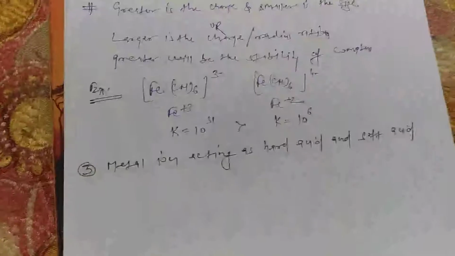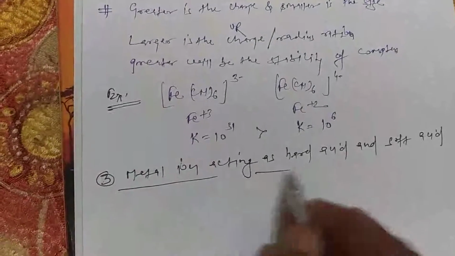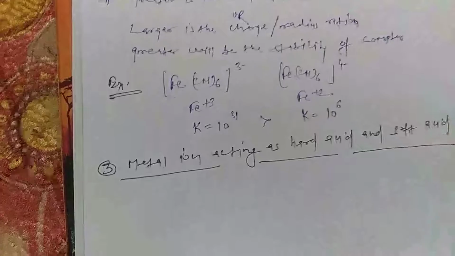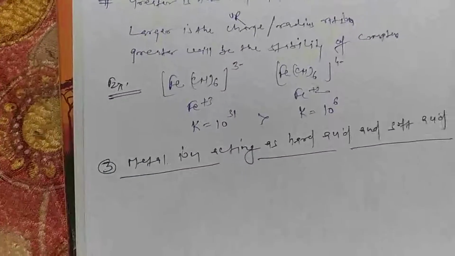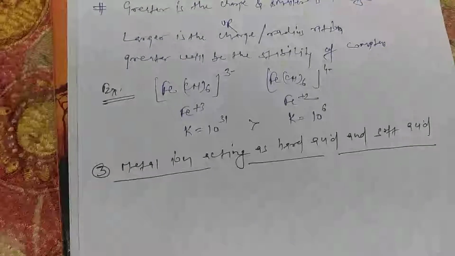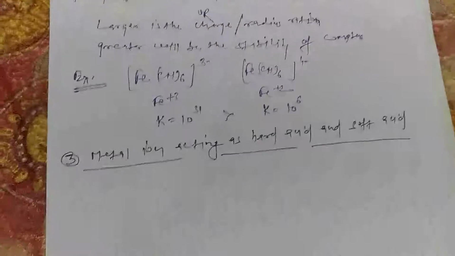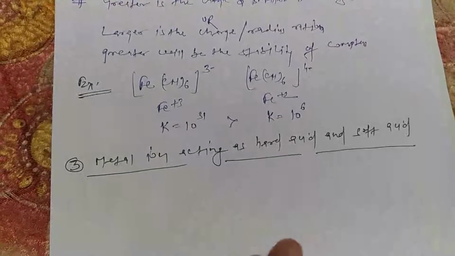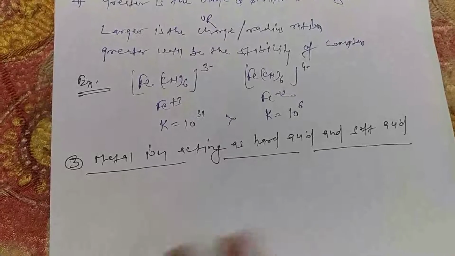So how will this work, let's check it out. We all know that there is a concept of HSAB, that means hard soft acid base. I'm not going into detail, I'm only giving you the theoretical part with some examples so that you can understand.